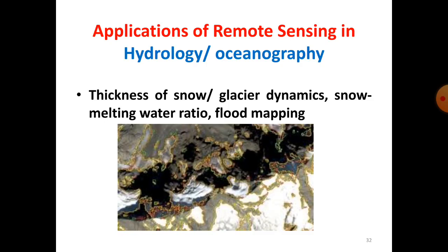Glacier refers to ice-laden areas. So, the thickness of the snow or ice or glacier location is very important to generate drinking and potable water in the river banks. So, the glacier dynamics and thickness of the snow can be identified by using remote sensing technology.